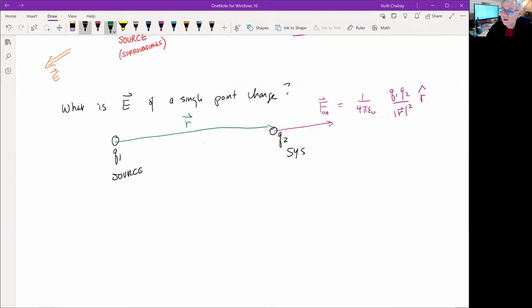But we also know that the force on 2 is just equal to the charge of 2 times the electric field made by the source, the electric field due to the charge 1.